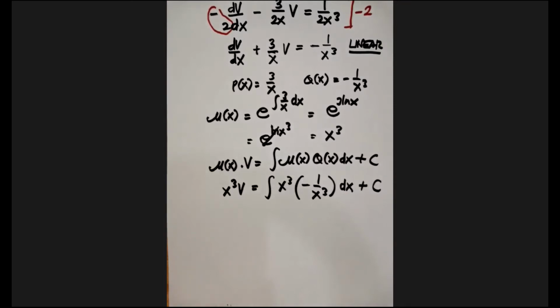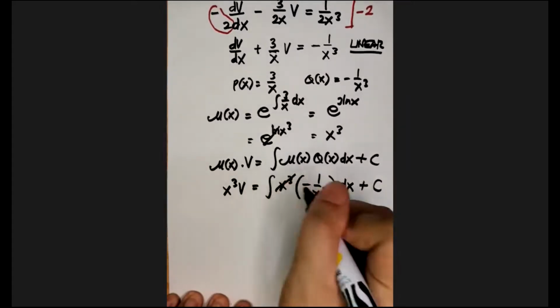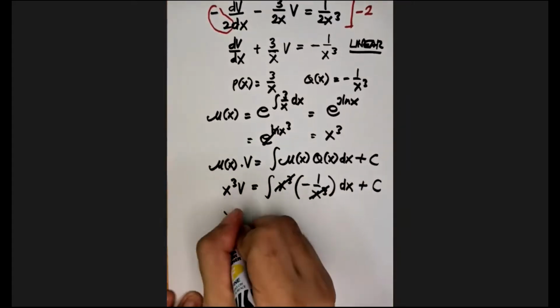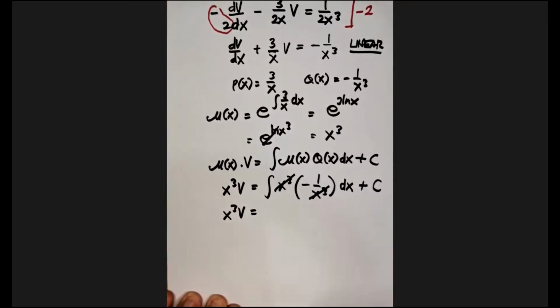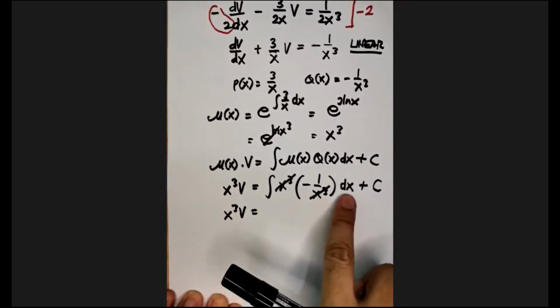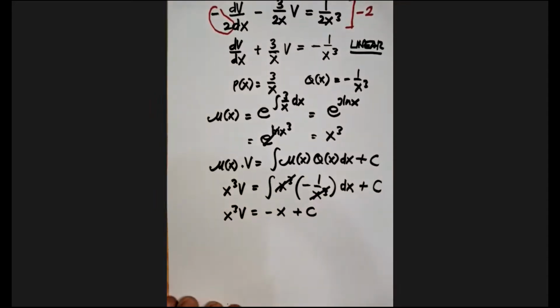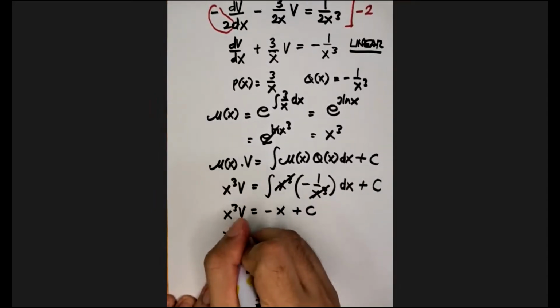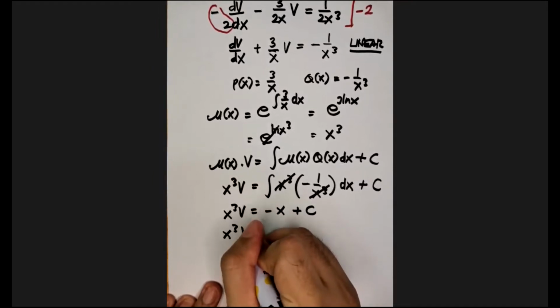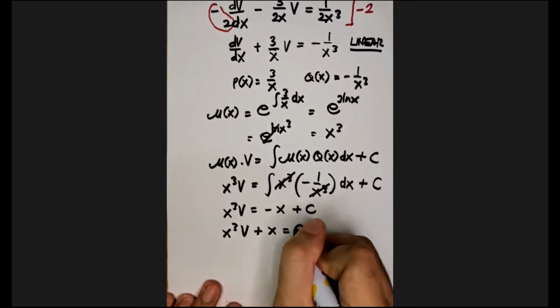Tama pagkopya, di ba? So this is x cubed v is equal to, and then the integral of dx is just negative x plus c. Or this is x cubed v plus x is equal to c.